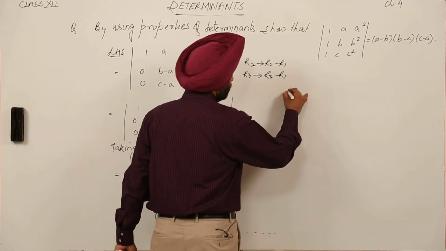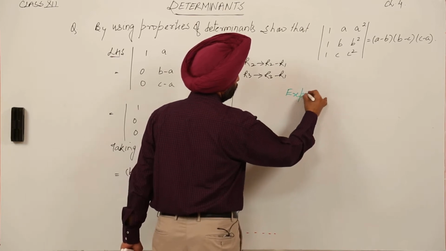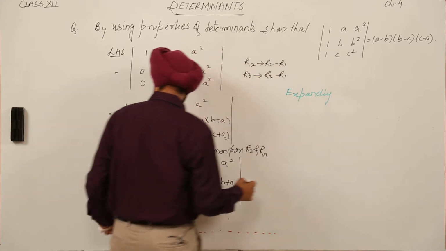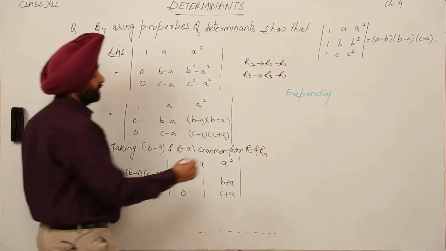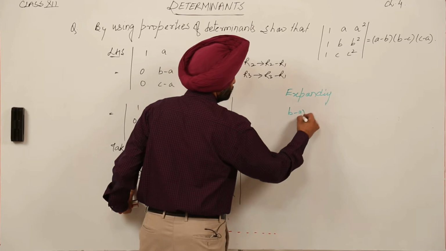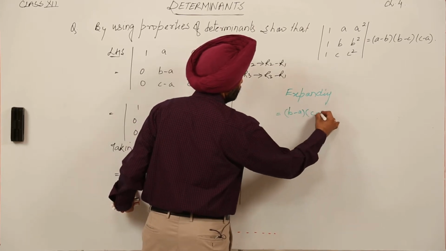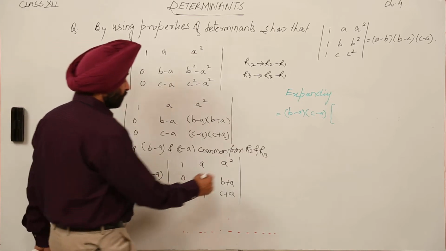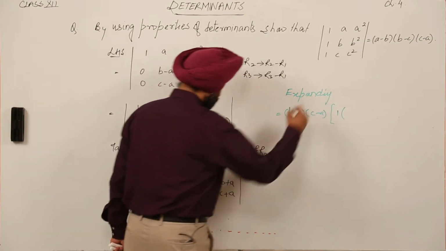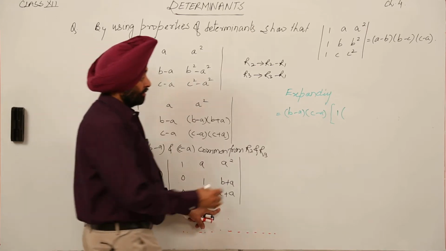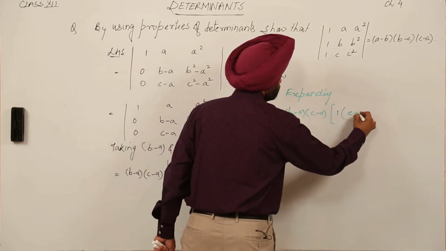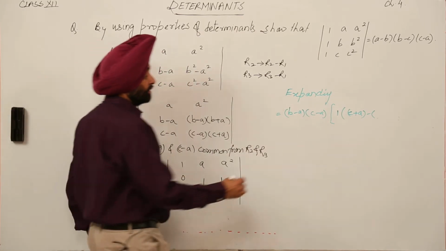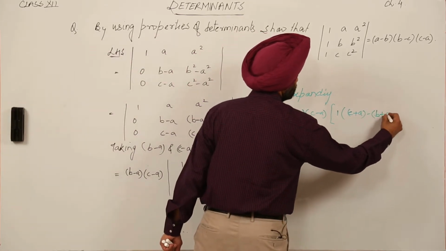Now expanding, we are getting here b minus a, c minus a. Now I am explaining this part: 1 with 1 into c plus a minus 1 into b plus a, that is c plus a minus b plus a.